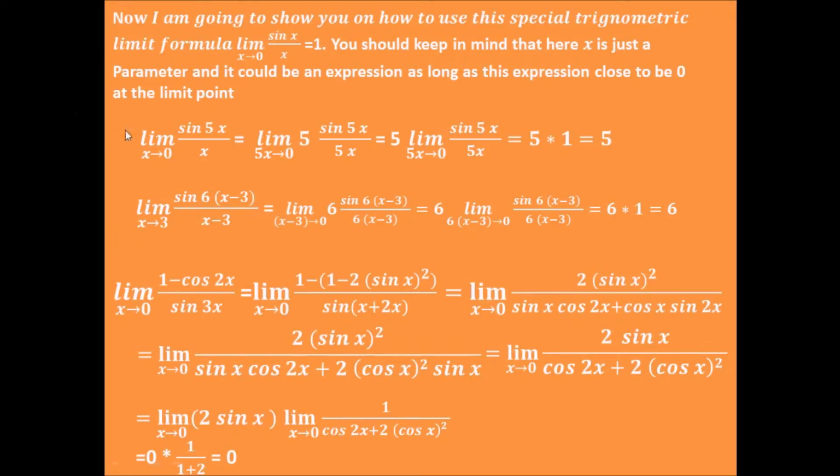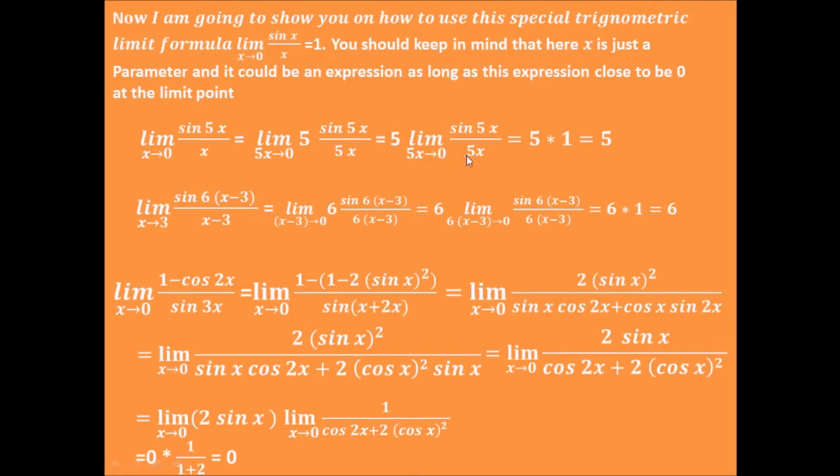For example, limit sin 5x divided by x with x approaches 0. We can write x approaches 0 as 5x approaches 0. Then we can multiply by 5 in the numerator and the denominator. So we get 5 times limit sin 5x divided by 5x with 5x approaches 0.